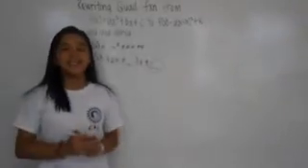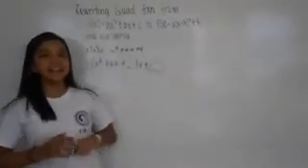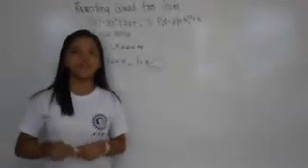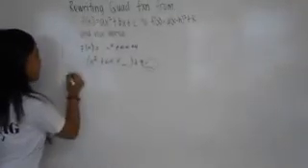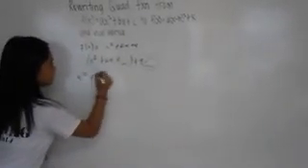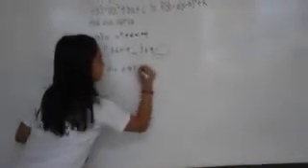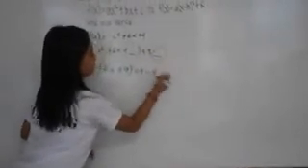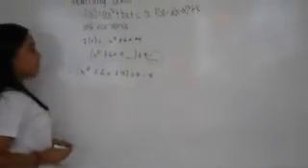And after that, expand the terms and add and subtract in the previous step. So it will become x squared plus 6x plus 9, plus 4 minus 9. So the missing value is 9.